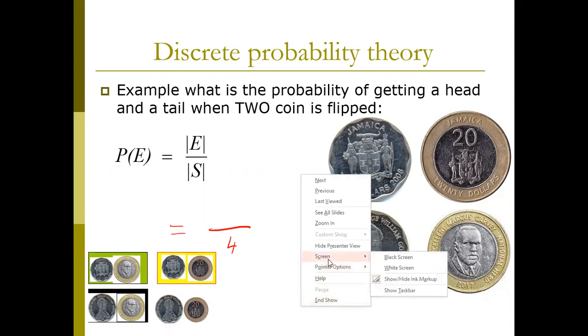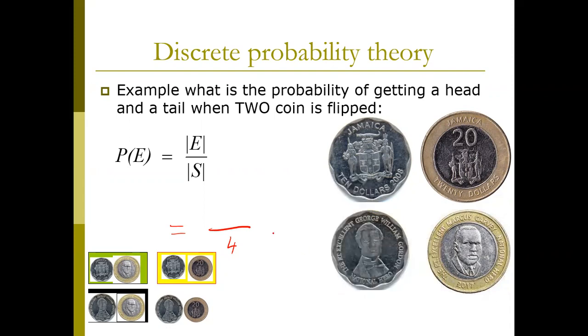Which therefore means that the probability of getting a head and a tail is going to be 2/4, which is the same thing as a half. So that's how we go about working out the probability of getting a head and a tail.